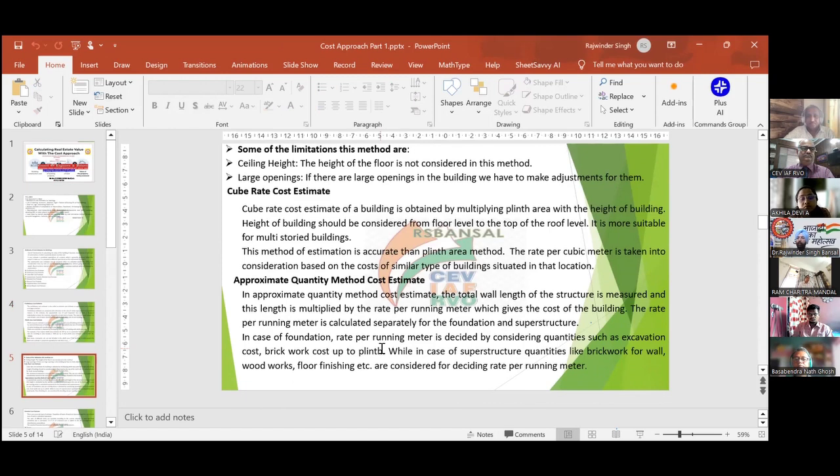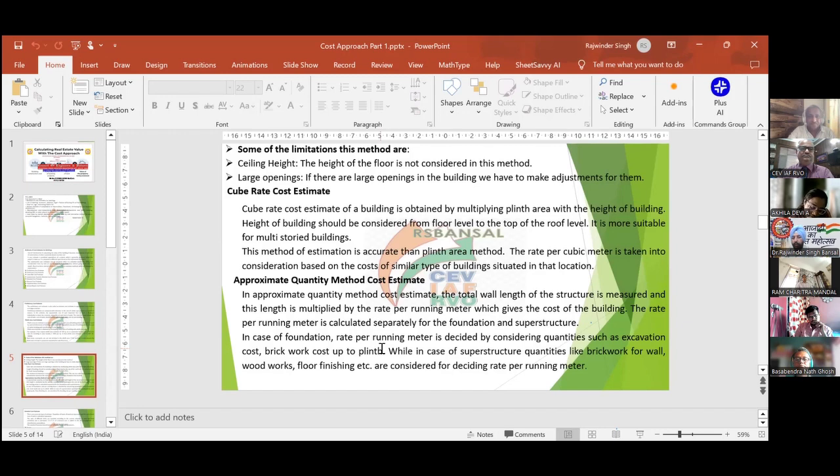And based upon the cubical or cube rate, we can calculate the cost of construction of the building, that is, the replacement cost of a new building. Of course, this is also a rough cost estimate. It will not give you the exact cost. Even an estimate means you are just estimating, not calculating the exact cost. But all these methods are generally for rough cost estimates.